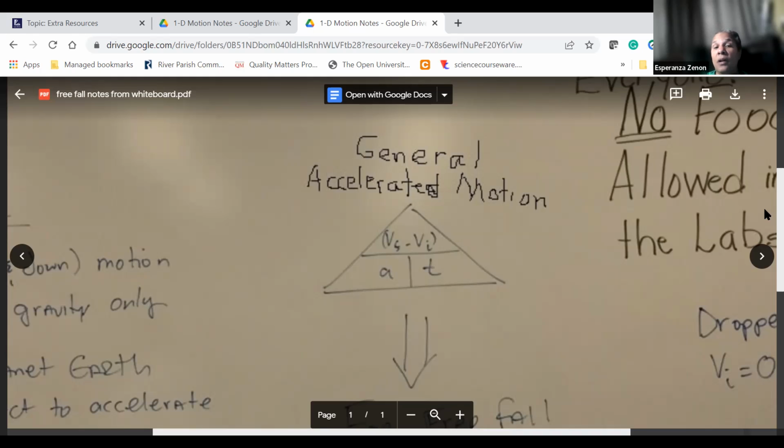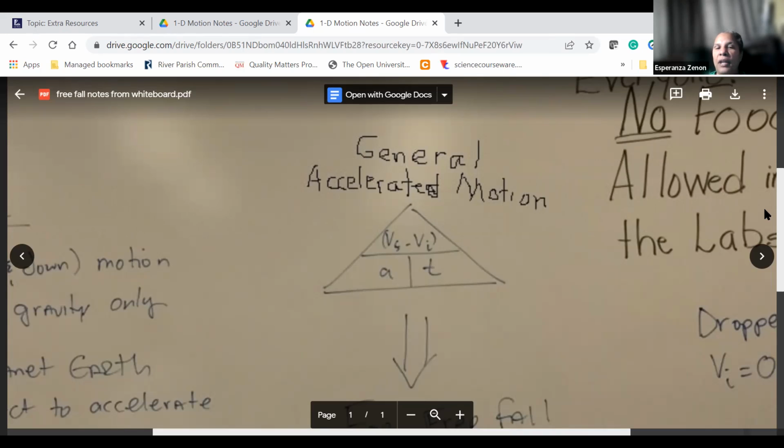So what I did was I took the kinematic equation for velocity, acceleration, and time, and I put it in my problem-solving pyramid. Because you know what my pyramid does, right? It tells you whether you multiply or divide. You don't have to worry about the equation anymore. You just have to multiply or divide.